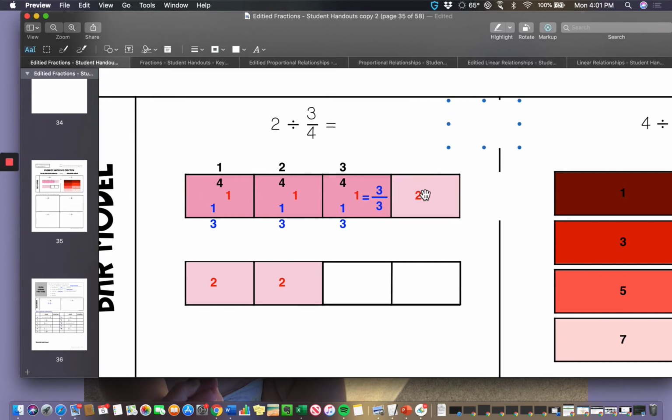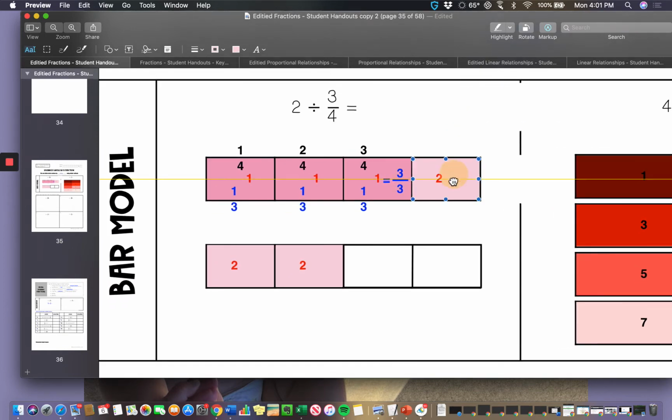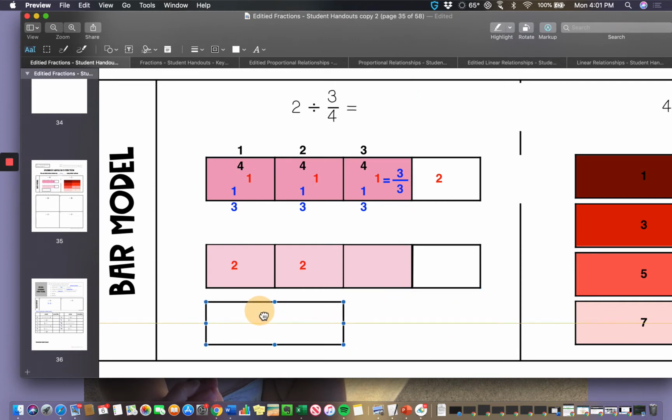So then I can do the same thing down below, and just to show you that it's going to be cut up into thirds, I'm going to drag my pink box over to here. And show you that this is also going to be a set of thirds.